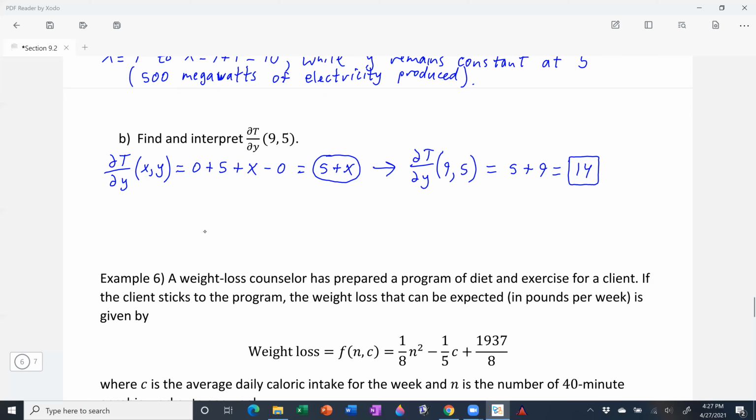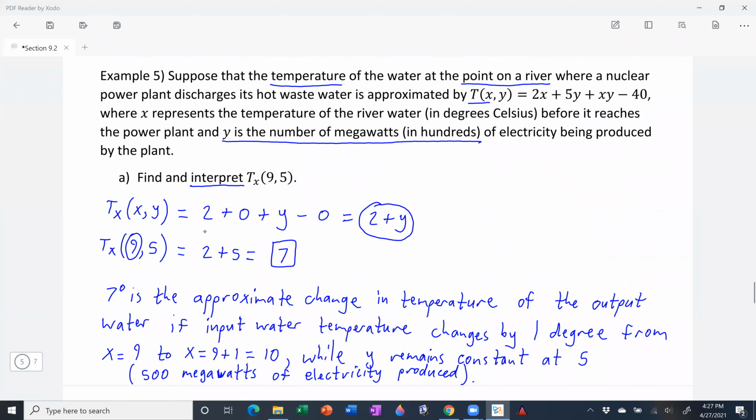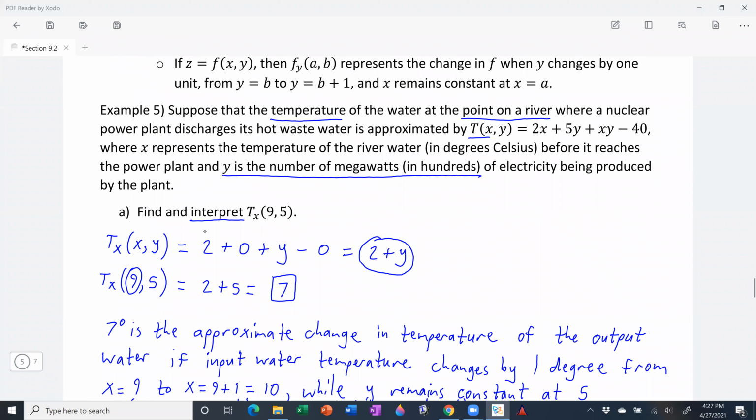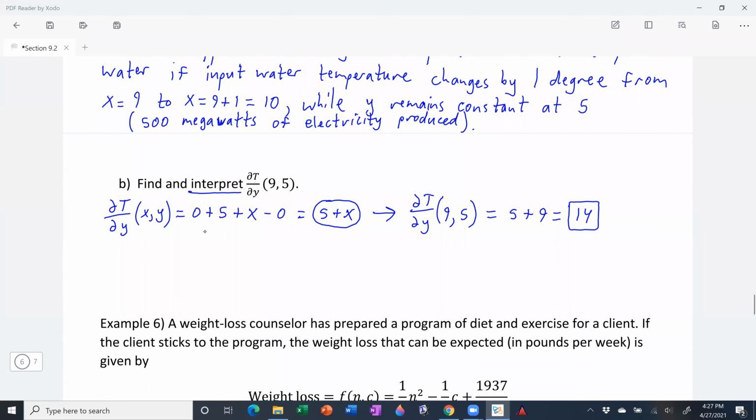Okay, easy part is over, right? The find part is easy. Let's talk about the interpret. So again, this overall function is talking about a change in the temperature as it goes past the power plant, a point on the river right as it goes past the power plant. So what did we just do?